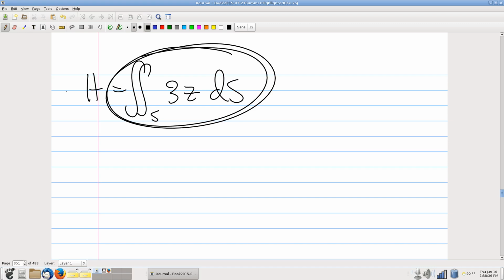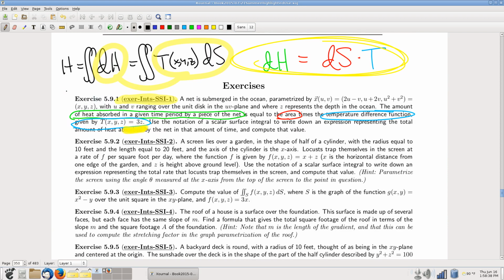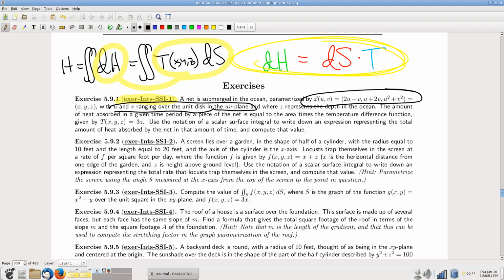That's step one, parameterize the surface. Coming up here, good news, we are given a parameterization of the surface right there. So we're going to just take that as given. Specifically, note u and v range over the unit disk in the uv plane.